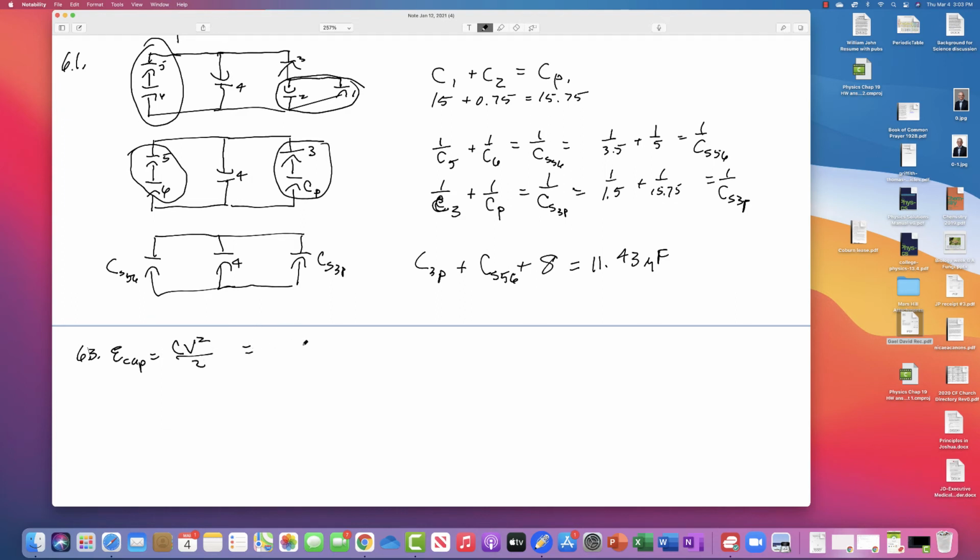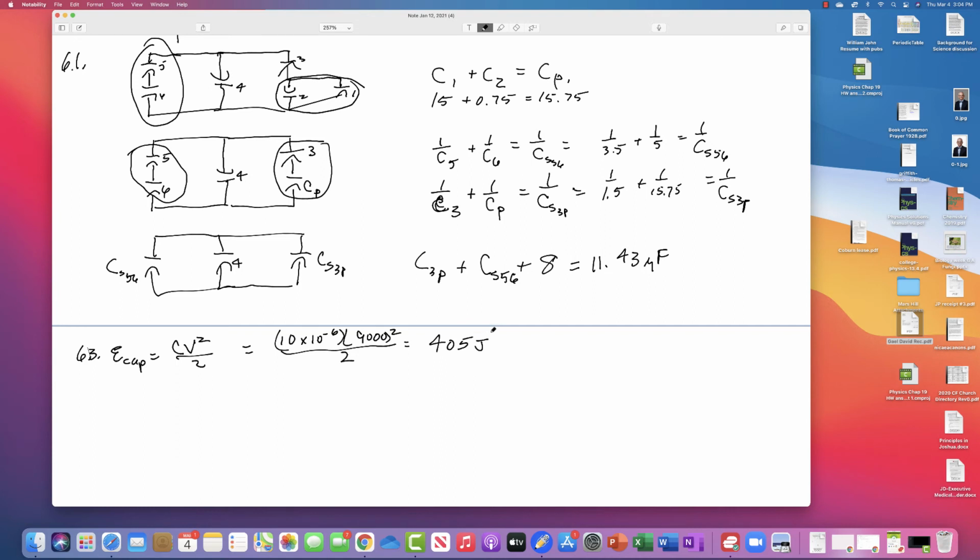So we put the numbers in. The capacitance was 10 microfarads, so 10 to the minus 6 farads, times the voltage, which was 9,000 squared, divided by 2. If you do the math here, you get 405 joules.